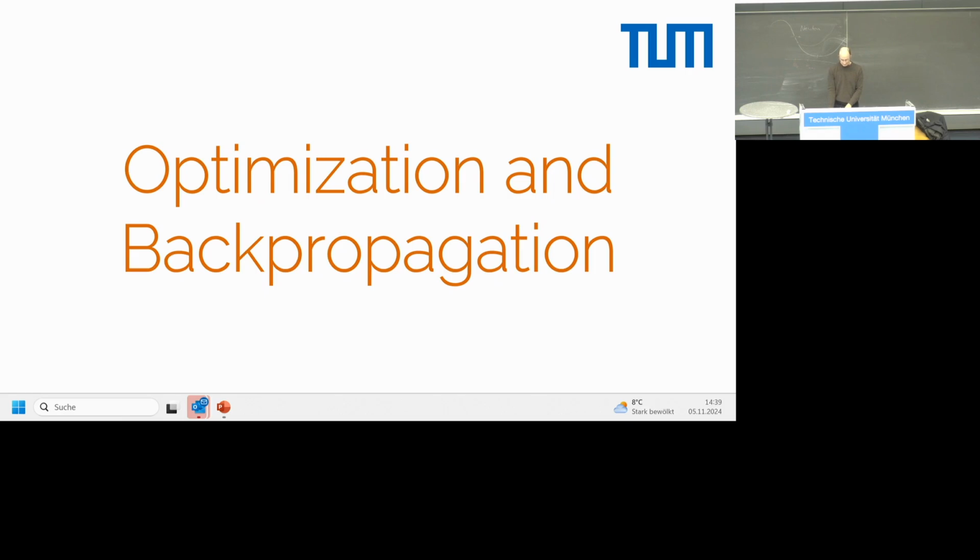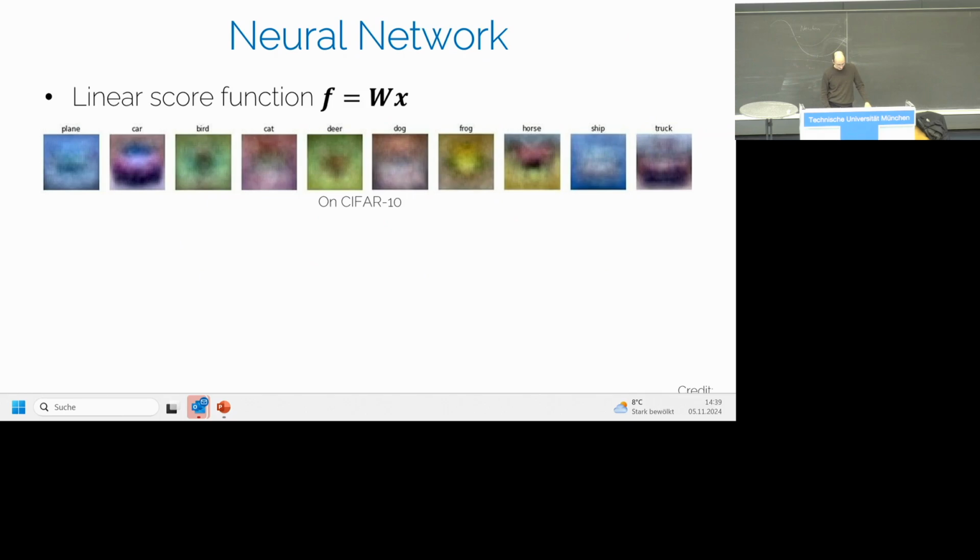So, optimization and backpropagation learning, recap. We have a neural network with a set of weights, and we saw that for small networks with a small set of classes, each line of the trained network represents the average car, the average bird, the average cat, and at least for some classes, like the horse class, you can roughly see a brown horse-like shaped object on green background seems to be dominant.